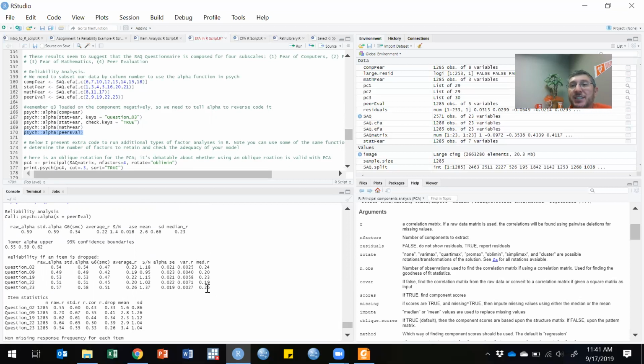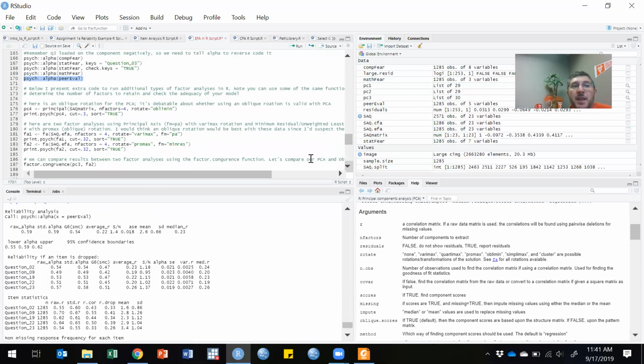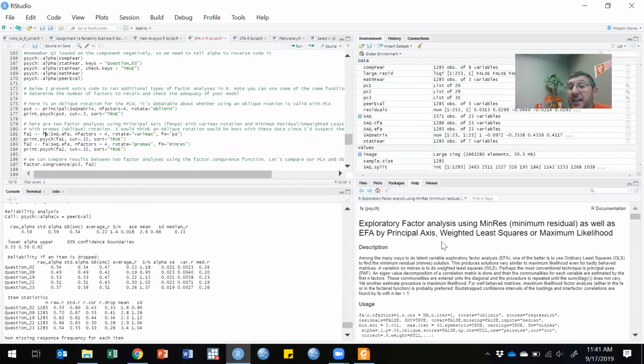So those are basically the steps of running through a factor analysis. I've also presented some code down here. If you wanted to use an oblique rotation, you can print out your factors. If you wanted to run a factor analysis instead of a principal component analysis, the function is just FA, factor analysis.